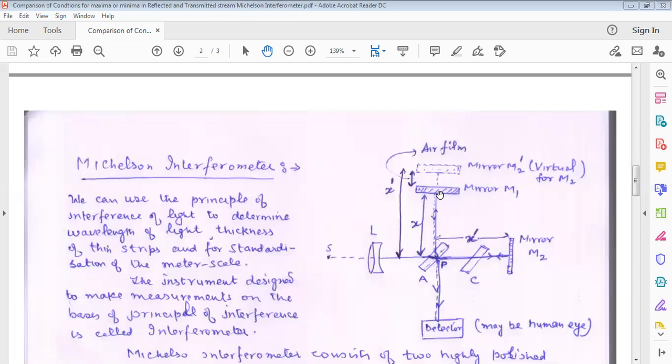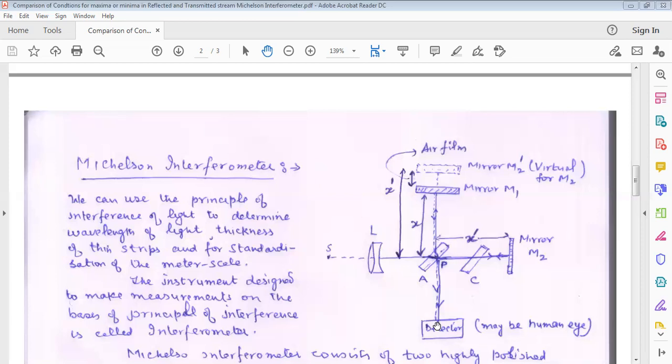As we said earlier, corresponding to a change in position of mirror M1 by lambda by 2, one fringe gets shifted. When we say one fringe gets shifted, it means the position of a bright fringe is overtaken by a dark fringe. Means bright fringe has been replaced by dark fringe. That is, the dark fringe has been shifted at that point of view.